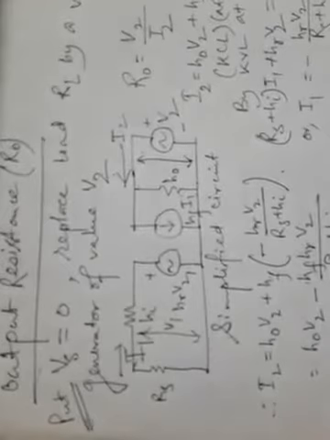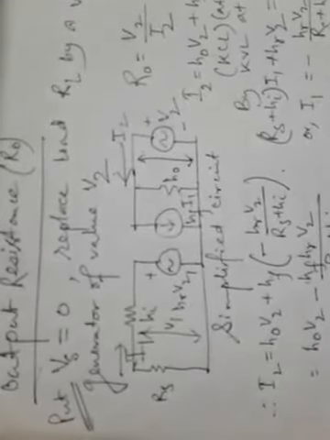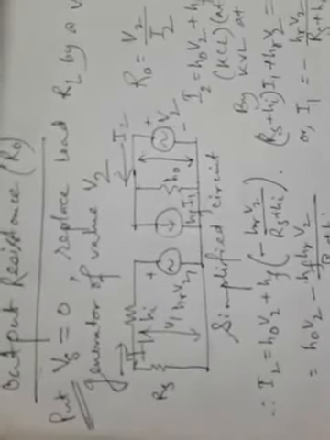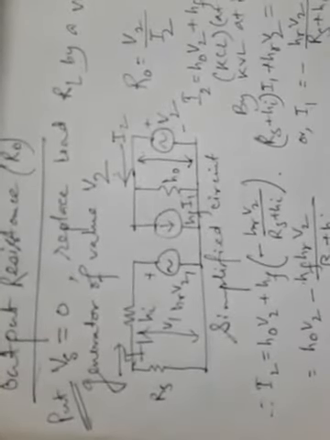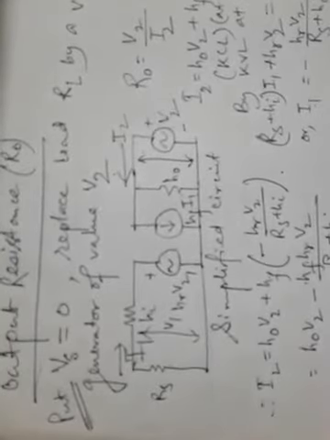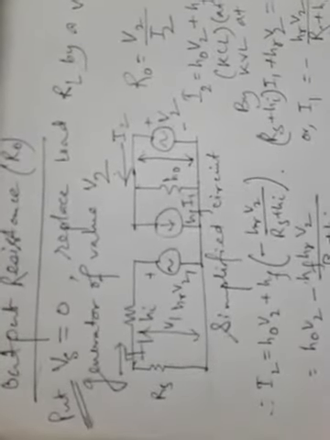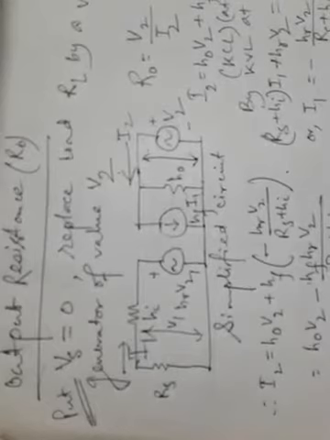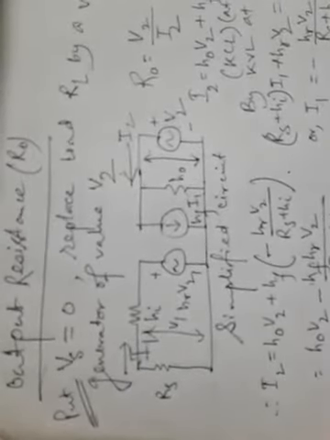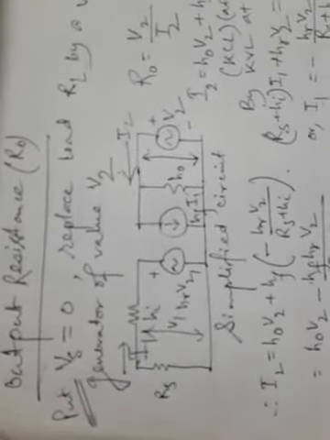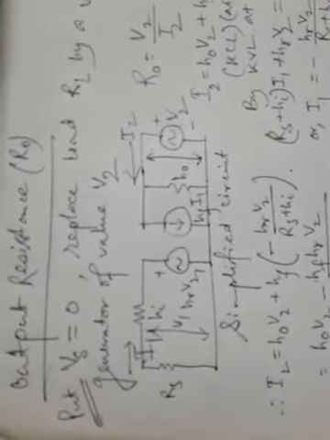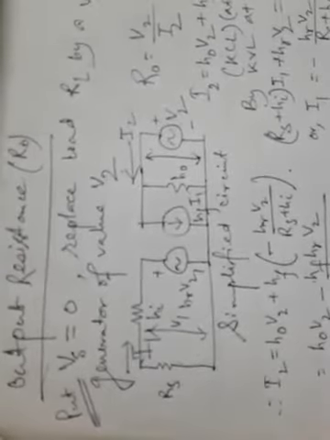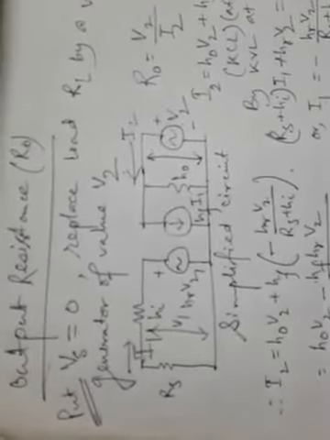So from here we can write that V2 by I2, which is RO, is given as 1 by HO minus HF HR by RS plus HI. So this is the expression for RO.